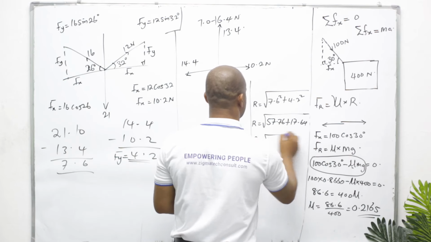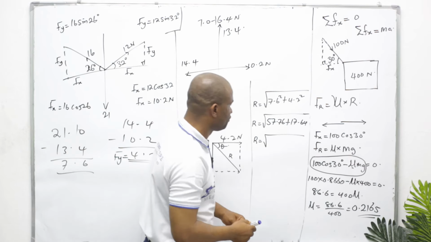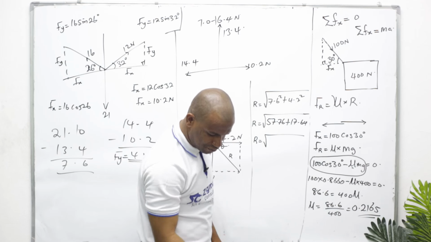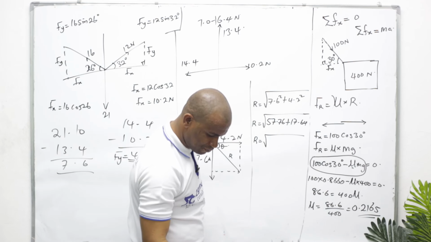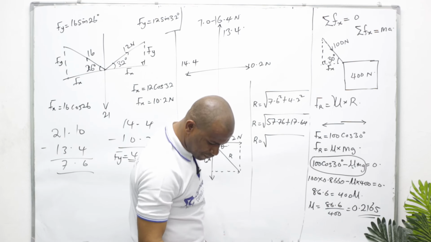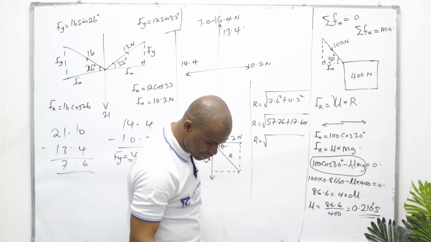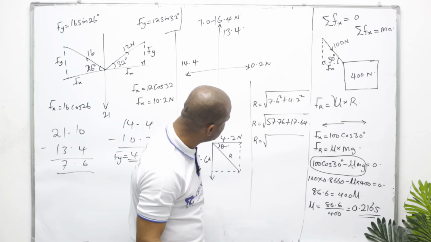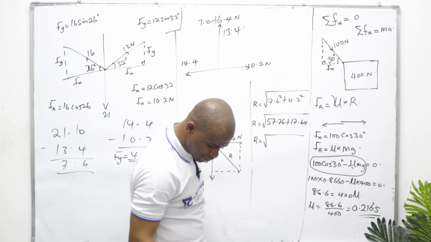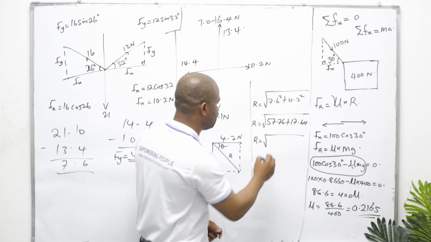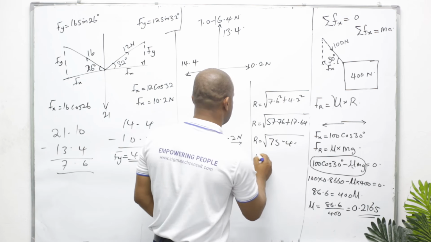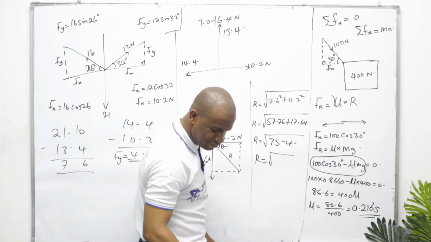So R is equal to, you add them, 57.76 plus 17.64, 75.4. So R is the square root of that.